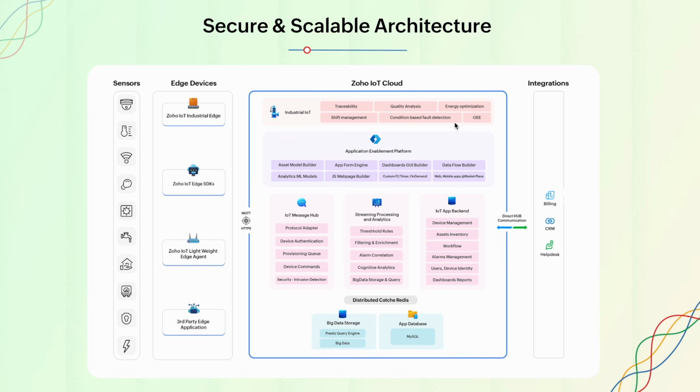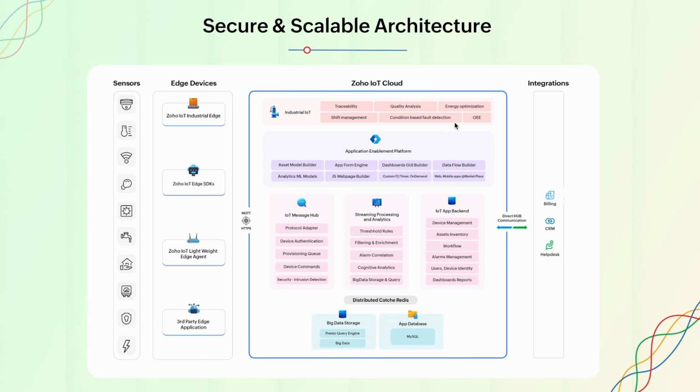It handles provisioning, queues and device commands, and there is a real-time stream processing engine that handles the data parsing layer, data conversion, enrichment, event detection and alarm rule detections.